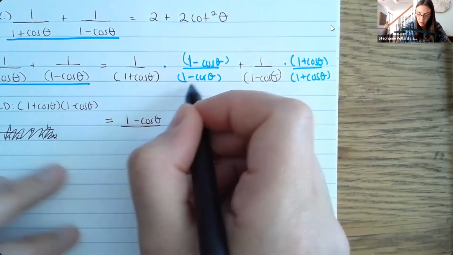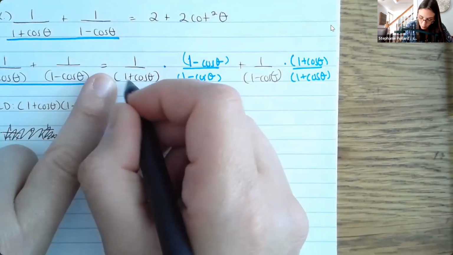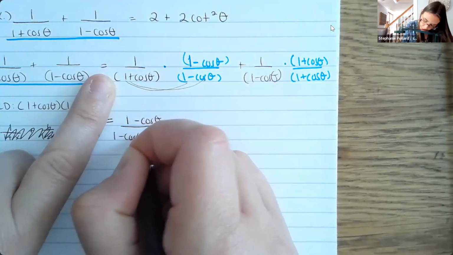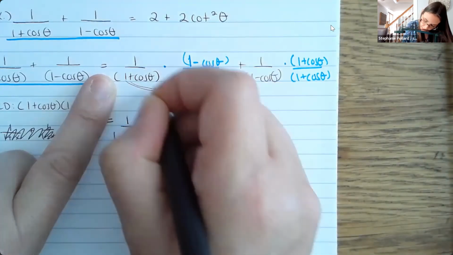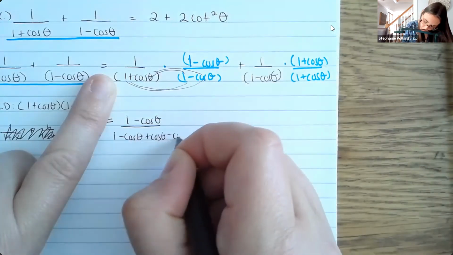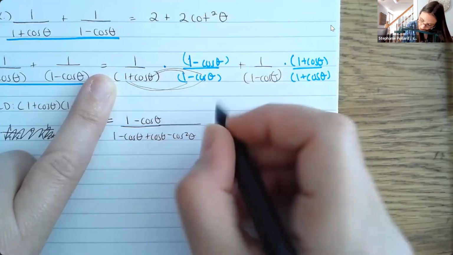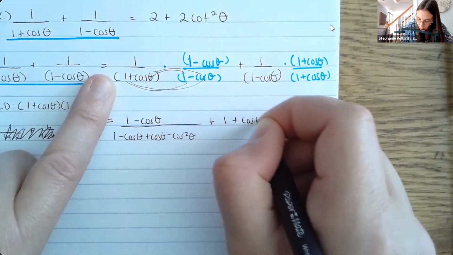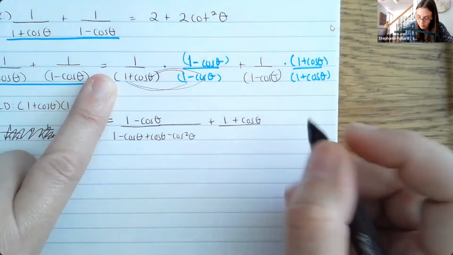Now in your denominator, you are going to multiply that out. So I have 1 minus cosine theta plus cosine theta, and then minus cosine squared theta. And then here we're going to have almost the same thing, but 1 plus cosine theta on top. And then when you FOIL up the denominator, you get the same thing.